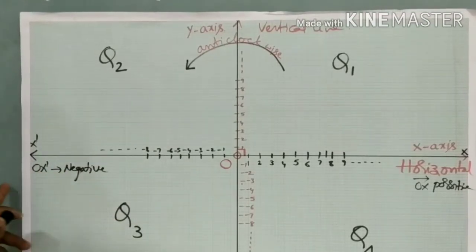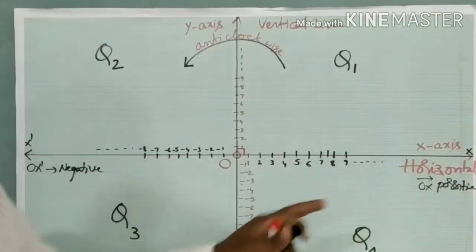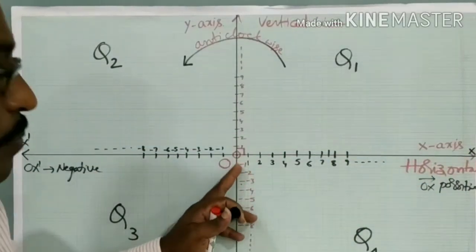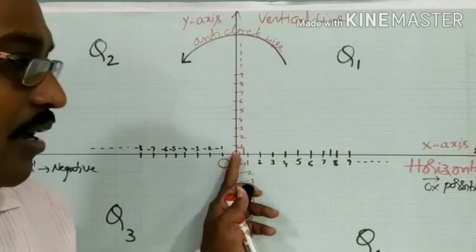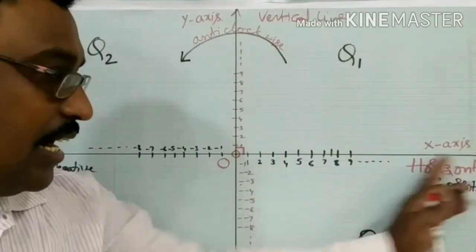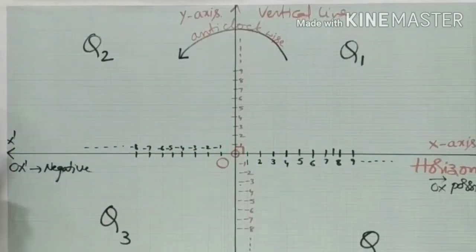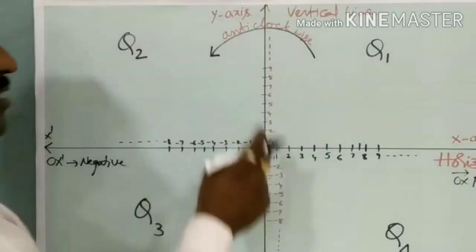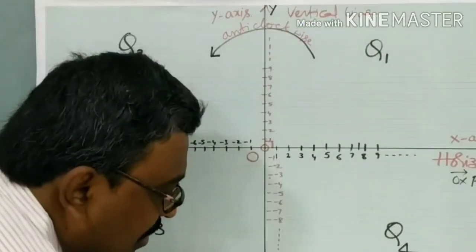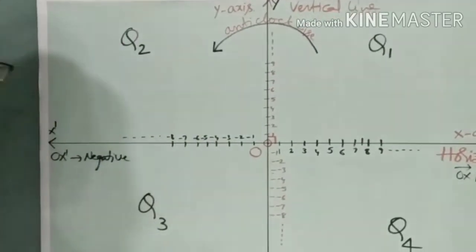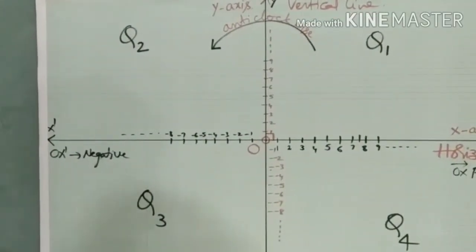So the total x-axis is a horizontal line and it is divided into 3 parts. The middle part is the origin; from the origin, the positive side is OX and the negative side is OX dash. Similarly, this is the y-axis and this is the y dash axis.